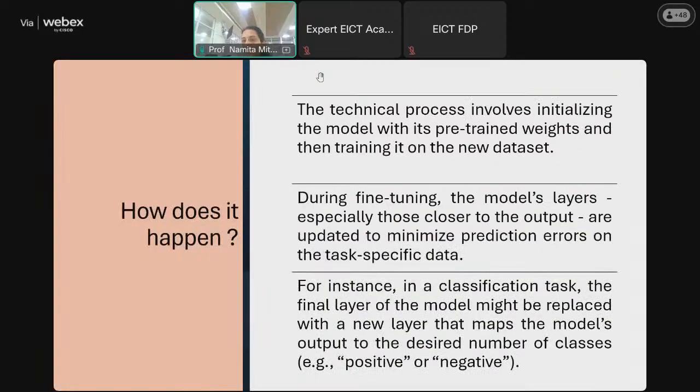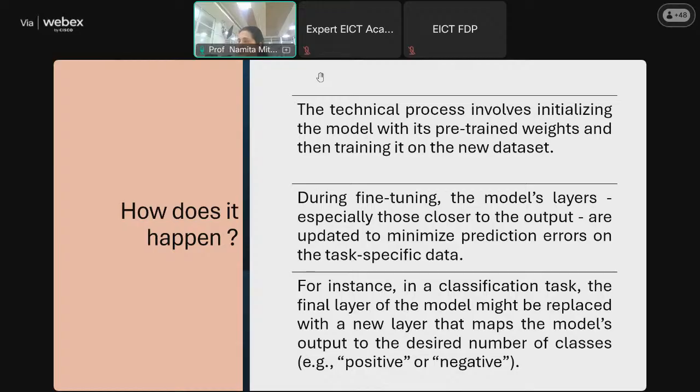Now the question is, how does it happen? The technical process involves initializing the model with its pre-trained weights. Basically, when we make a model, we have an input layer, an output layer, and between them hidden layers, right? From input to hidden, hidden to hidden, or hidden to output, we have some kind of tuning with the weights and biases, right?